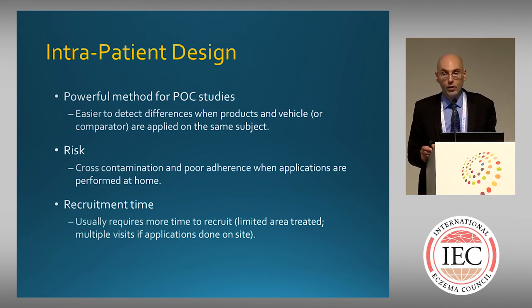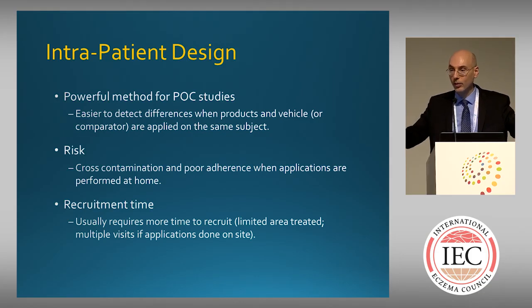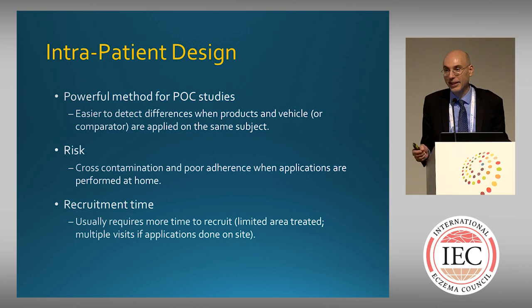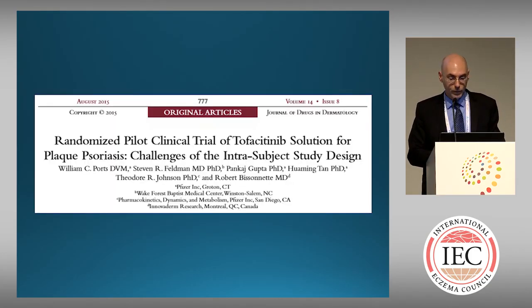There are some risks associated with that, specifically if you send your patients home with tube A to be applied on the right leg and tube B to be applied on the left leg. Patients often don't do what we tell them to do, and I'll show you examples, so I don't think that's the way to go. If you choose that design and the applications are done on site, it's much better. However, it requires a longer time to recruit patients.